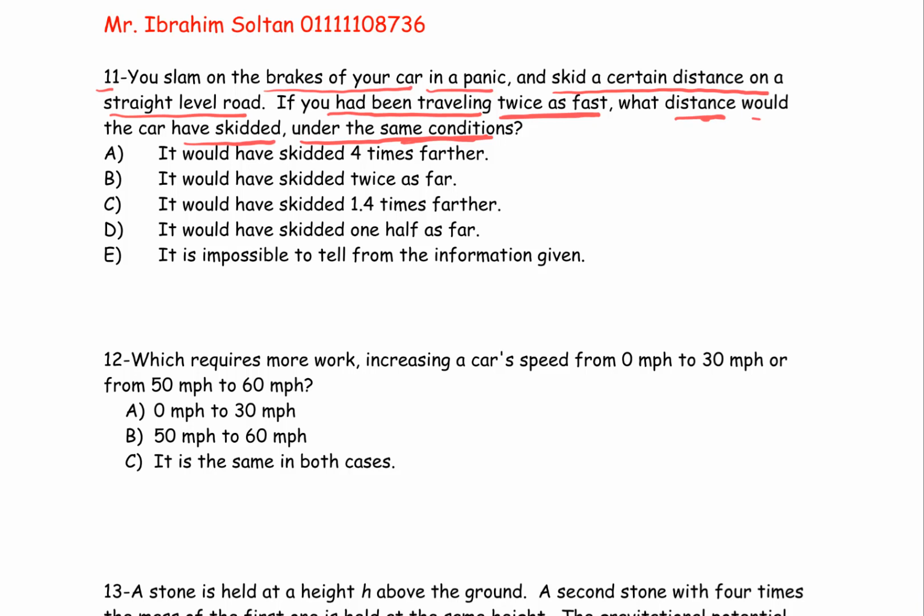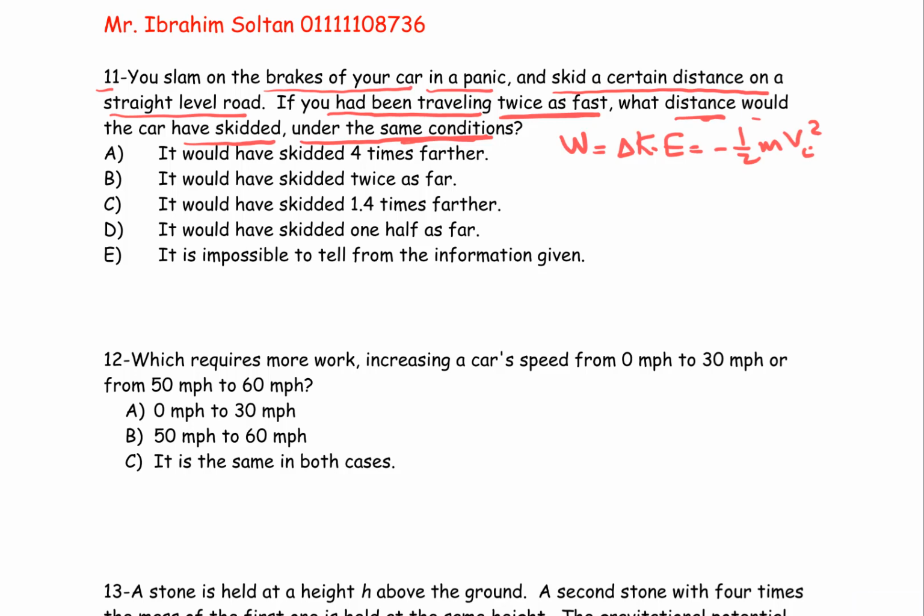In the first case, the work done by brakes, W, exactly equals the change in kinetic energy, right? So final kinetic energy, that is 0, minus initial kinetic energy, right?